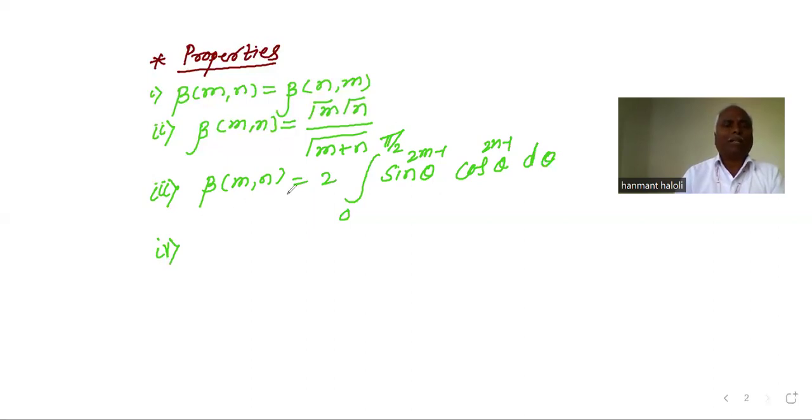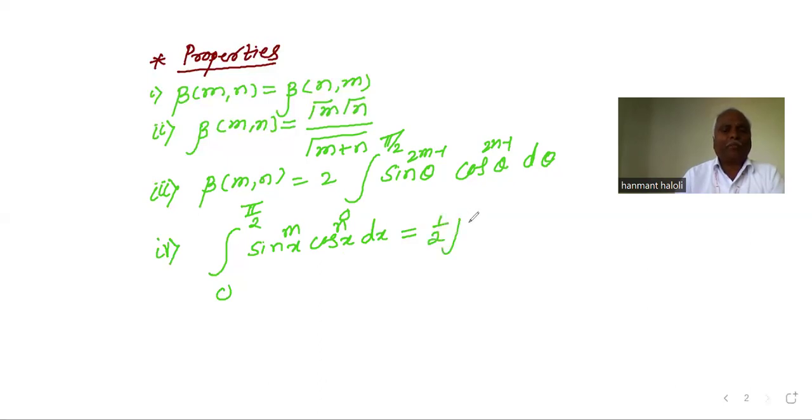Now this same formula is written in a different way using integral formulas: the integral from 0 to pi by 2 of sin raised to m x, cos raised to n x dx. According to our reduction formulas, sin raised to m, cos raised to n can be converted into the beta function, that is, 1 upon 2 beta of (m plus 1) upon 2, (n plus 1) upon 2.